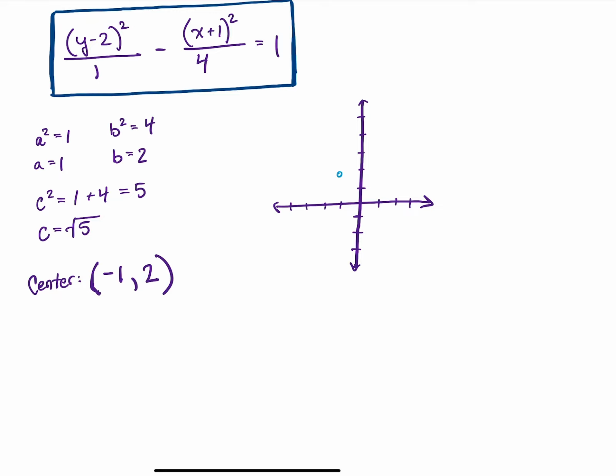Our a value is 1, so I'd go a distance of 1 unit, in this case above and below, since we're going to be vertically oriented. So this looks like the point negative 1, 3. And this would be negative 1, positive 1. Then to produce the box, our b value is 2, so I would go 2 units to the left and 2 units to the right.